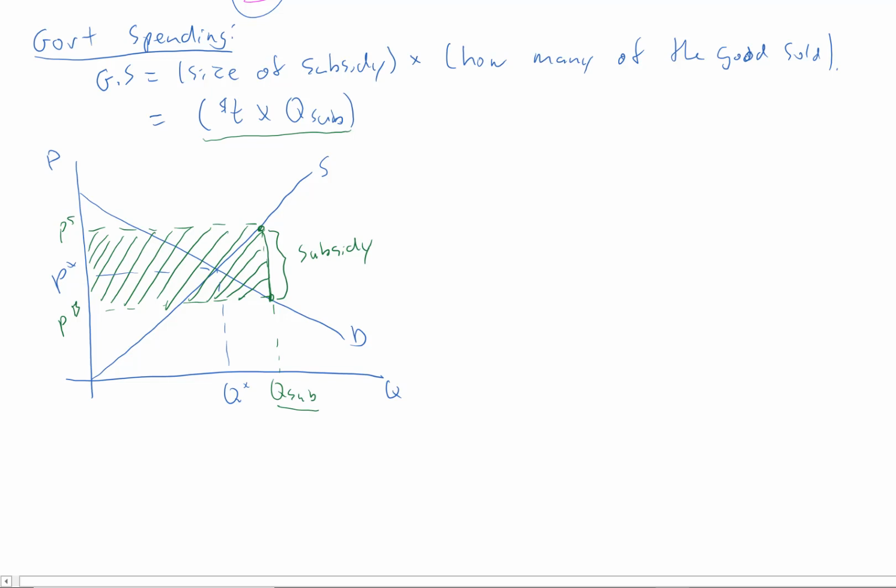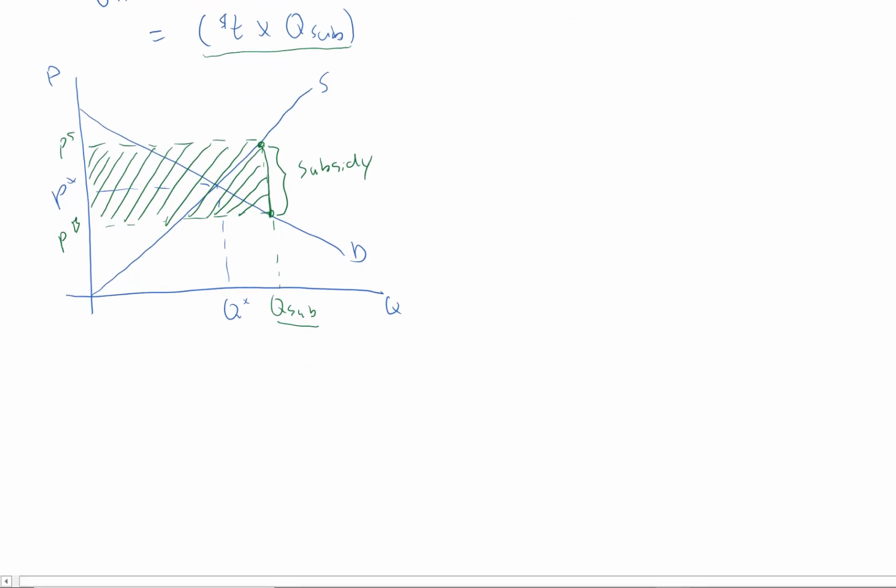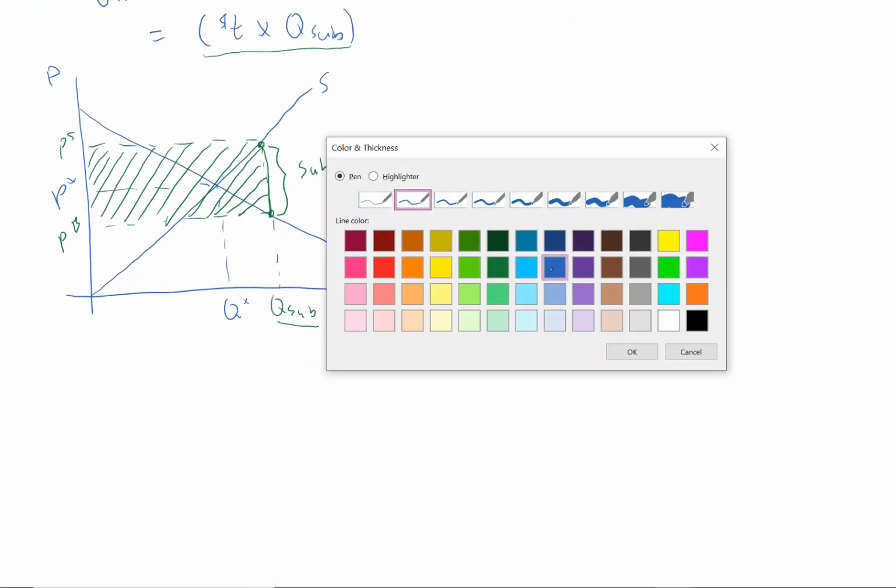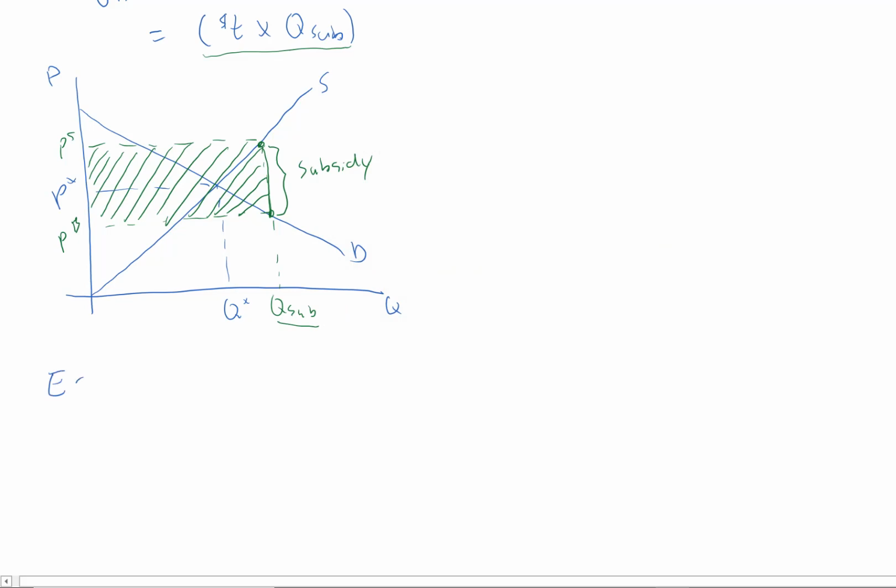Okay, so now we're going to put this all together. Let's go back to blue for this. Economic surplus, or total surplus, we've been using these terms interchangeably, in this case is going to equal consumer surplus plus producer surplus plus tax revenue.